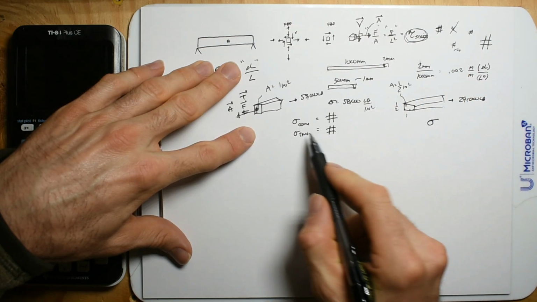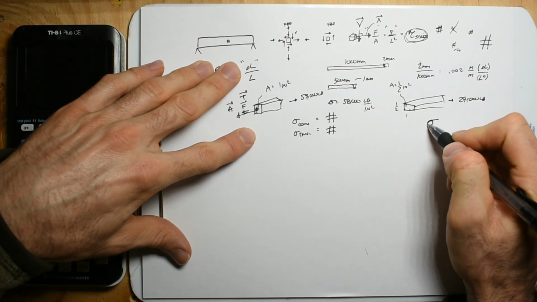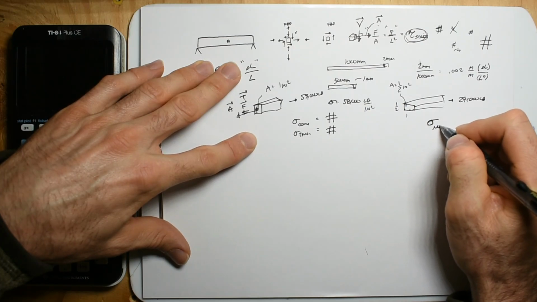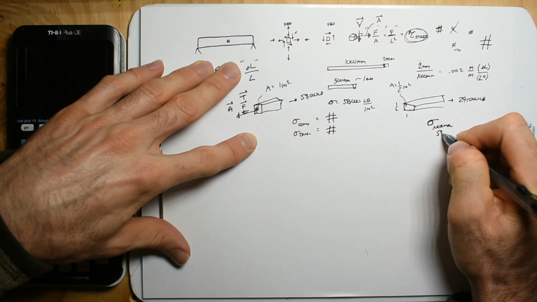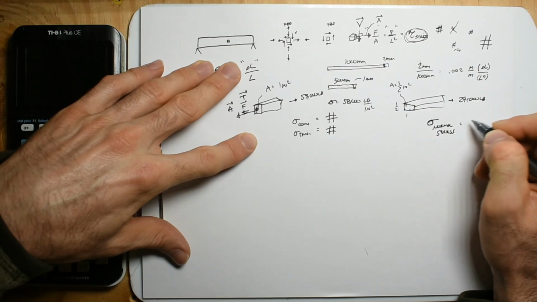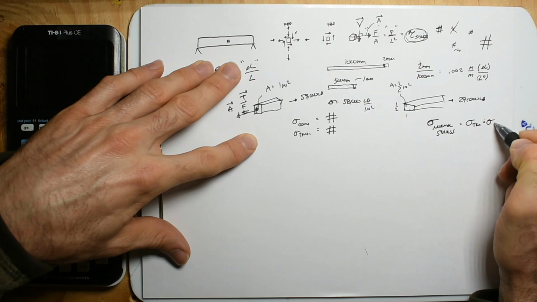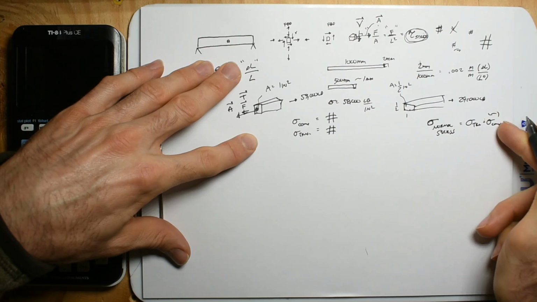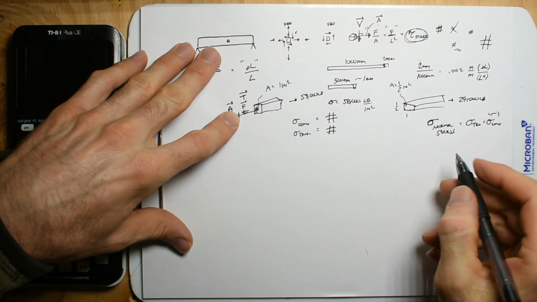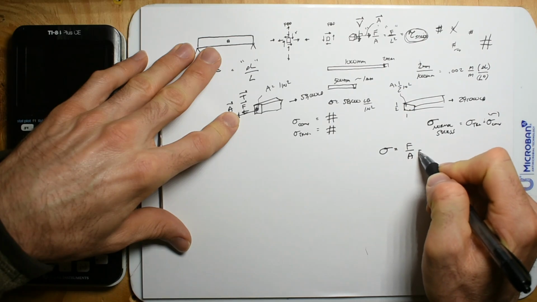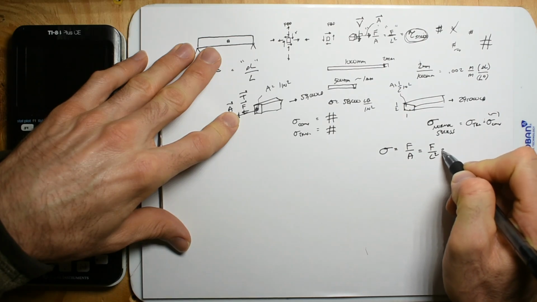So what's the units on normal compression, normal stress? This is called normal stress, where it's in two different directions. We have tension and we have compression. Compression is just a negative number. So we're going to have tension on these, and the units on this is force per area, so that's force per length squared.